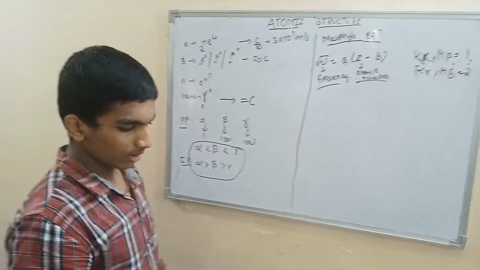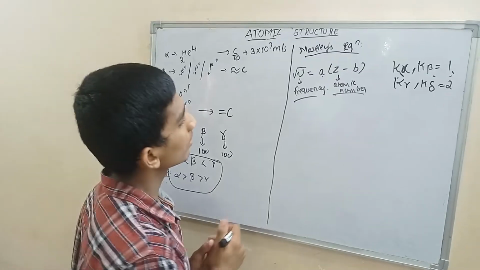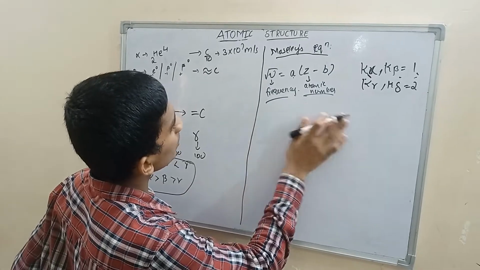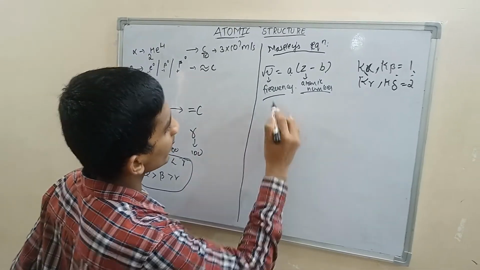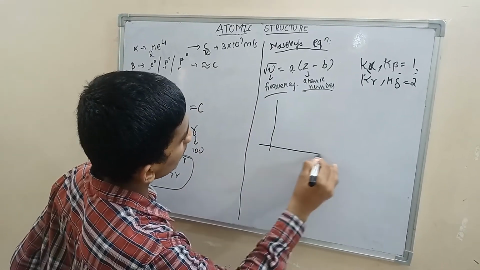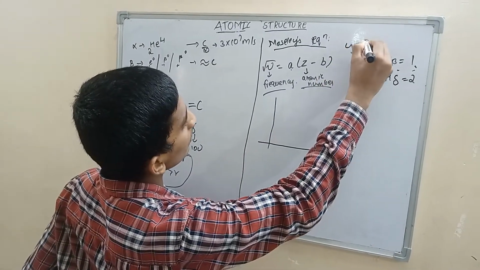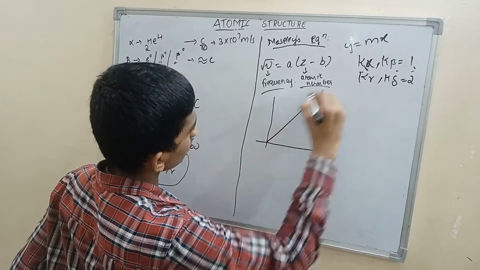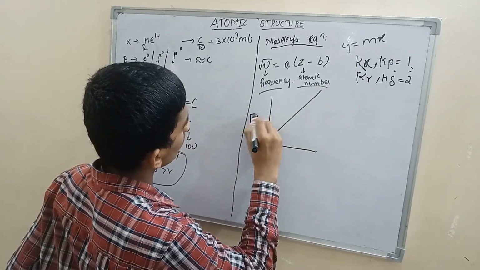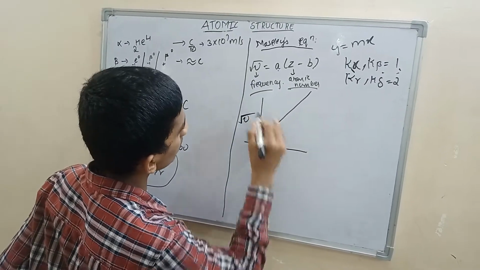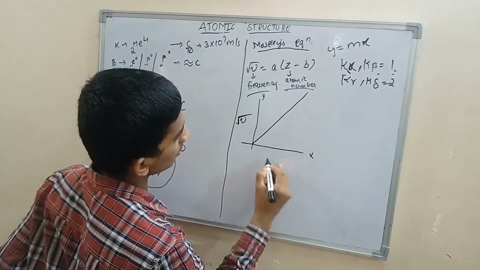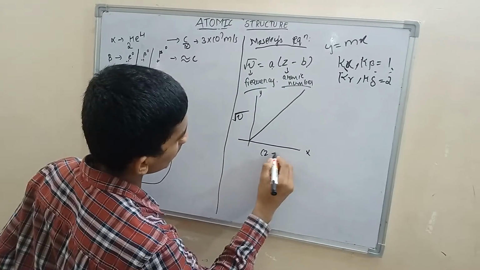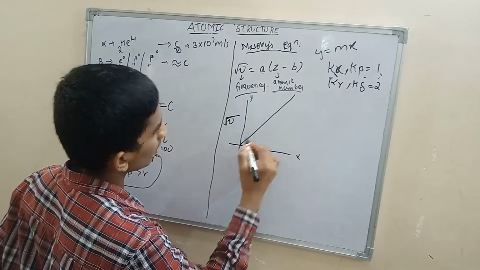Okay? And now coming to the next one. Root nu is equal to a into z minus b. Graph. In which form is it? y is equal to mx. Root nu on the positive y-axis, and z minus b on the x-axis. Slope.